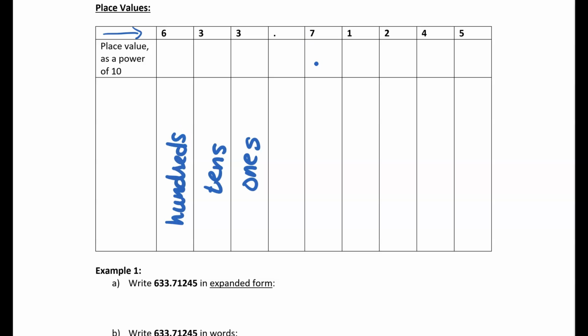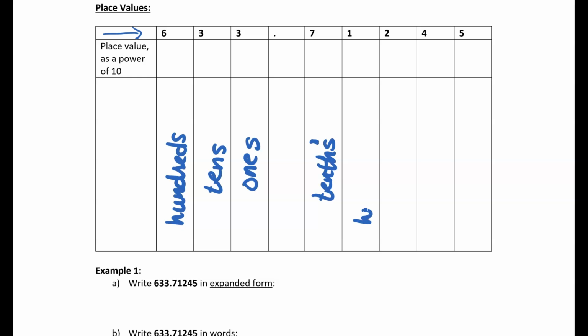And then after the decimal, we have a tenths place, which is sometimes confusing because the tens place, E-N-S, is 2 left of the decimal, yet the tenths place is 1 right of the decimal. So you see the word 10 in 2 different places, and they're different amounts away from the decimal.